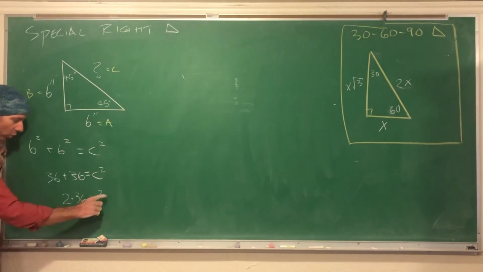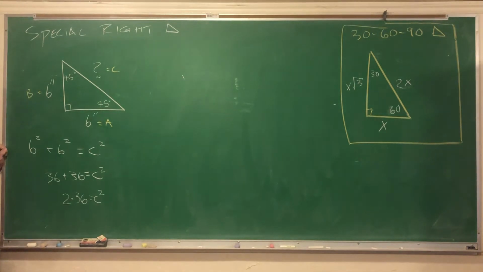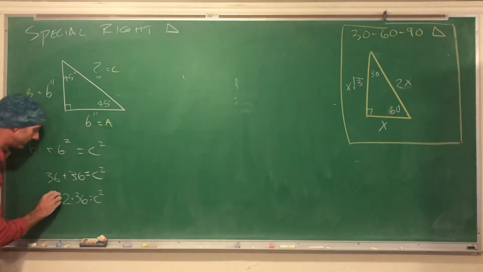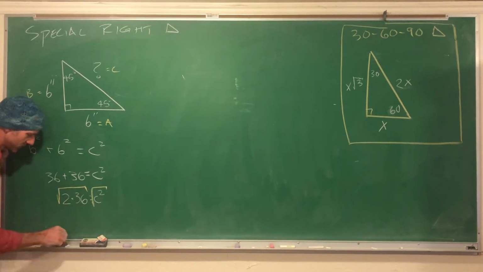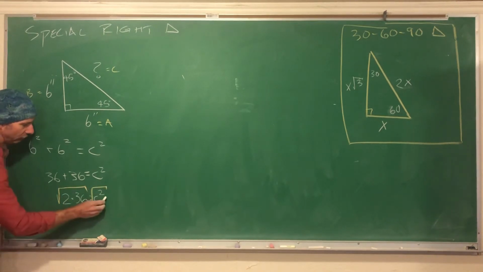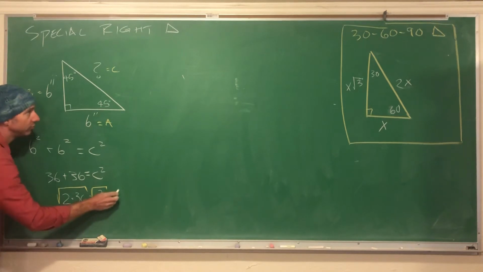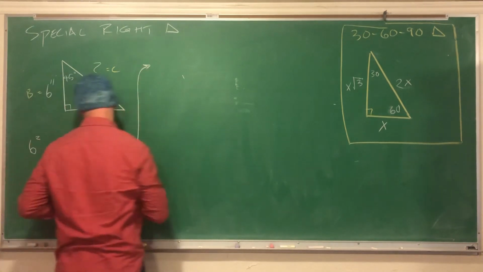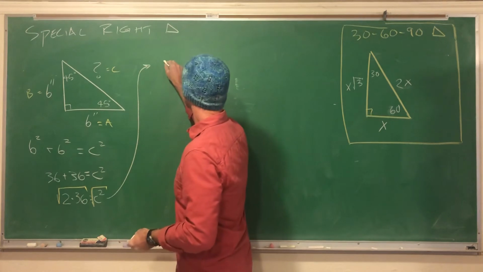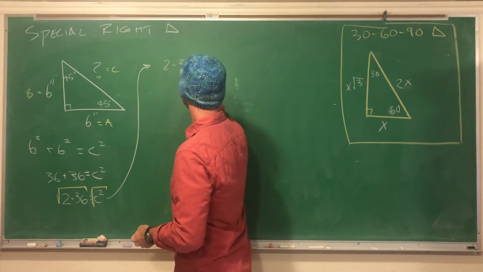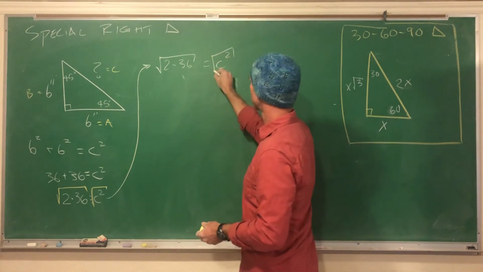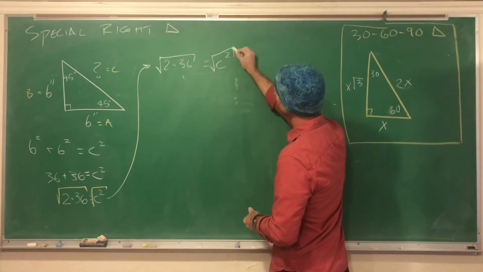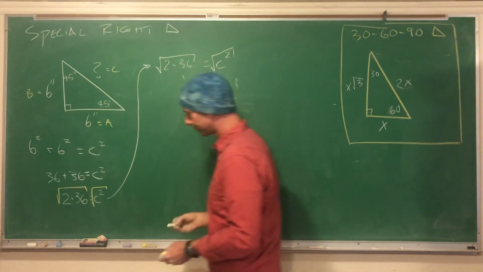To get rid of the square, I need to do the inverse, which is the square root. So, let's move this up to here, and we'll say the square root of 2 times 36 equals c squared. I got a square root also. Square and square root are inverses, they cancel.